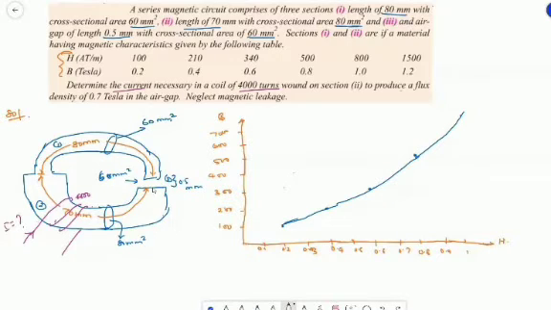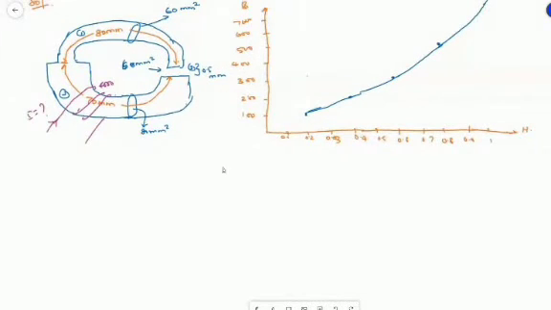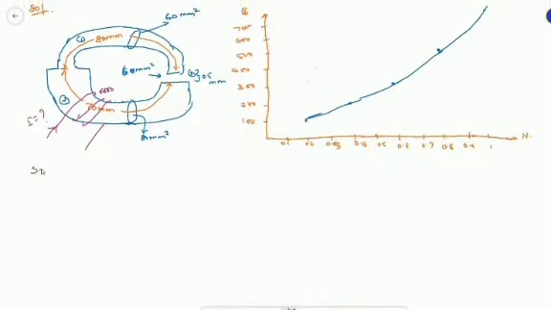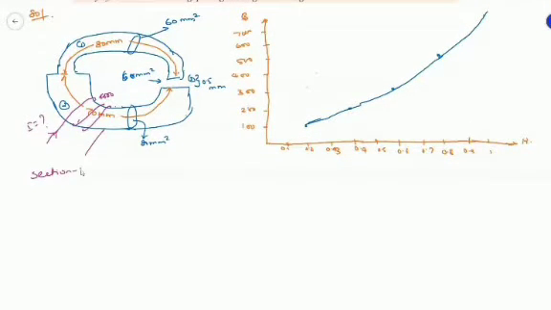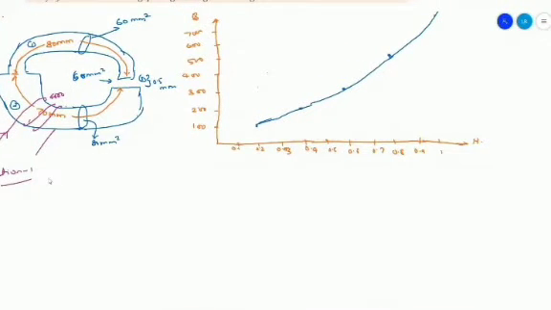So first of all, let us take up this section 1. This section 1 has the same cross section area as that of the air gap.